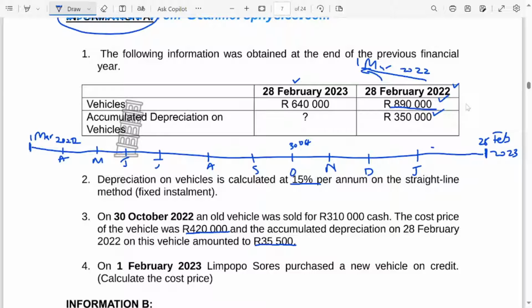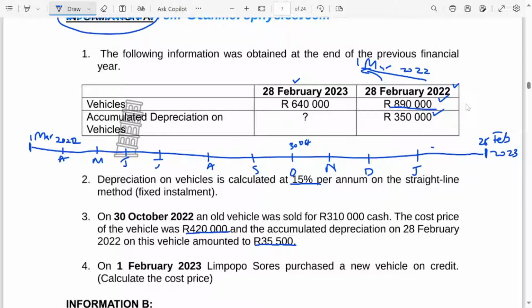Usually they can give you the accumulated depreciation of the asset being sold, the balance at the beginning of the year, meaning that you still have to calculate the depreciation of the asset being sold, and then you add it together with the accumulated depreciation at the beginning for the asset being sold.